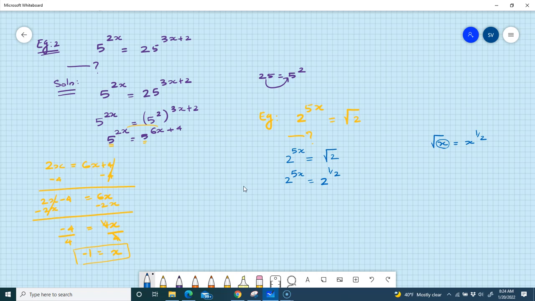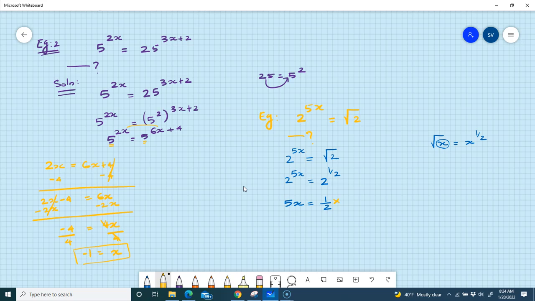We have a rational exponent, but we know that as per the 1 to 1 property, we can equate the exponents. So that is great. So 5x is equal to 1 by 2. So basically we need to isolate x, but before that we can try to eliminate this fraction, because keeping a fraction is not a good idea to get the right answer.